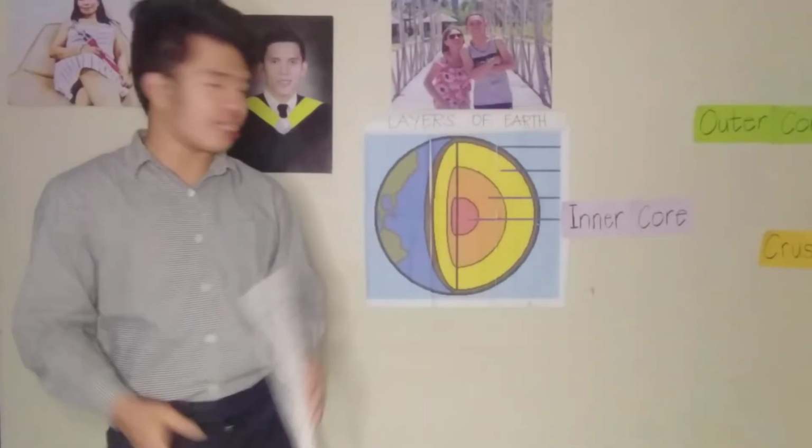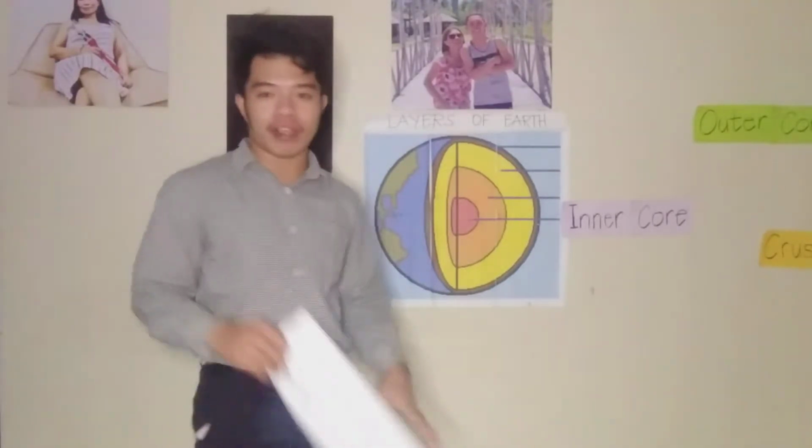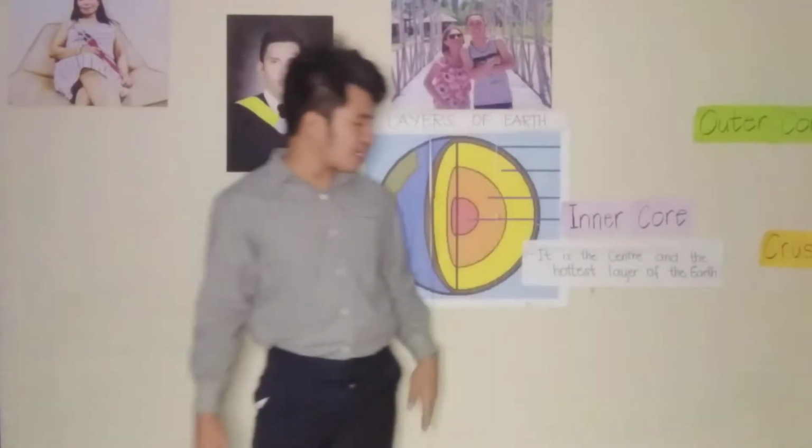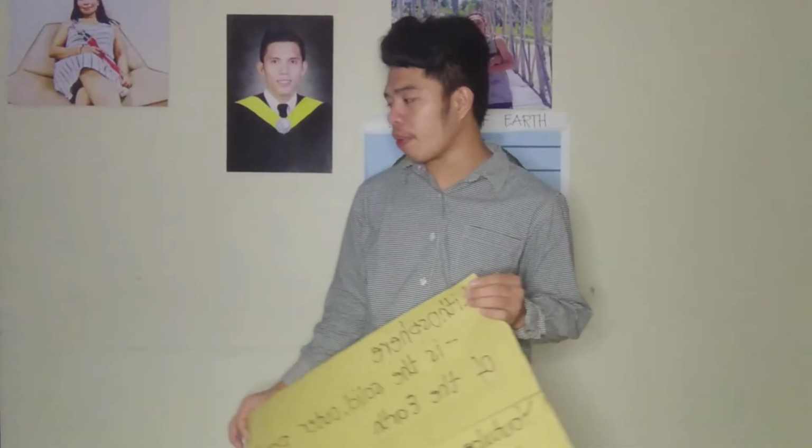Now that we have discussed the outer core, let's go to the innermost layer of the Earth, which is the inner core. It is the center and the hottest layer of the Earth. Now we are done discussing the three major layers of the Earth: the crust, which is divided into the oceanic crust and the continental crust; the mantle, which is the widest layer of the Earth; and the core, which is also divided into two, the outer core and the inner core.